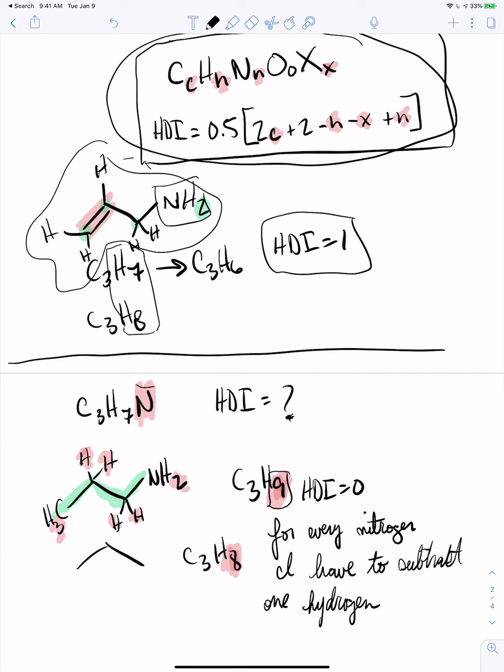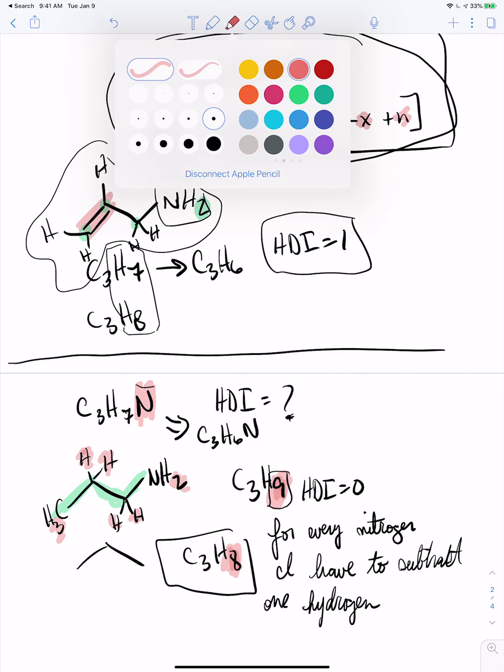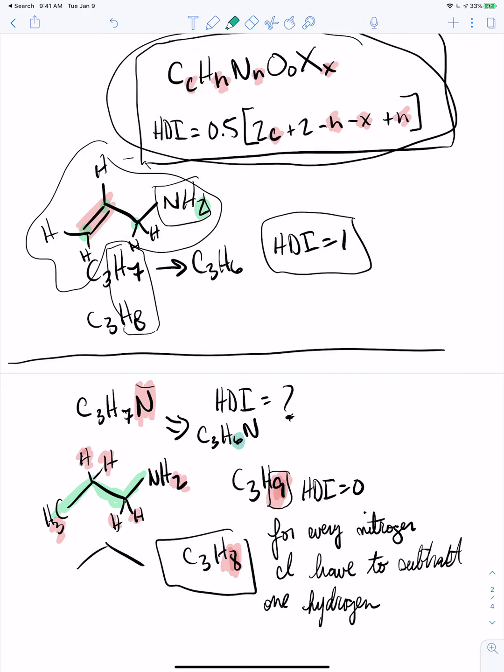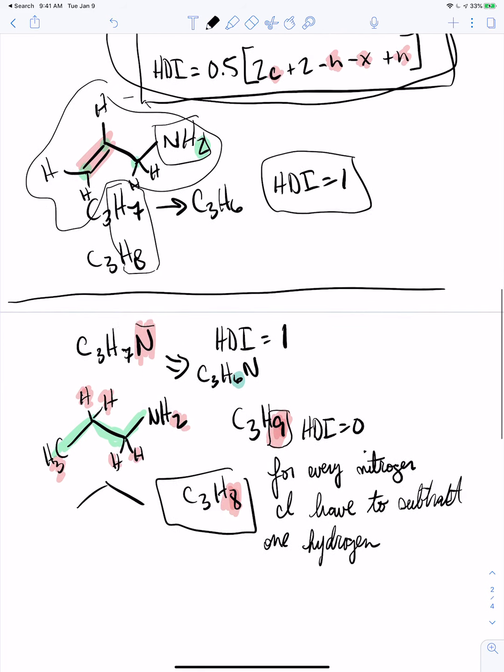I know that the nitrogen artificially inflates this, so I would take the parent chain, which is C3H8, and compare it to what I practically have here, which would be C3H6 nitrogen. That 6 is not real, but that's what we're using to calculate the hydrogen deficiency index. Now when I subtract them out, I get 8 minus 6 is 2. So my HDI equals 1.